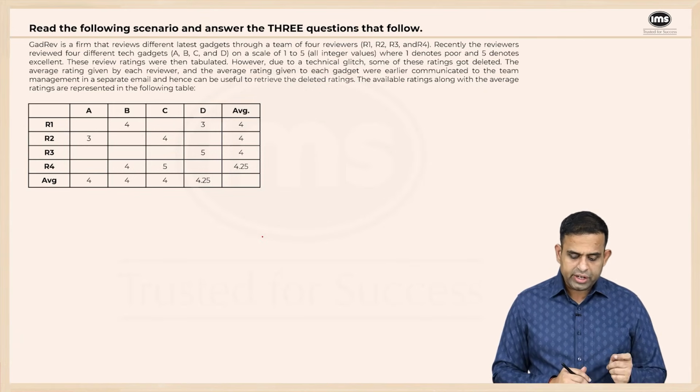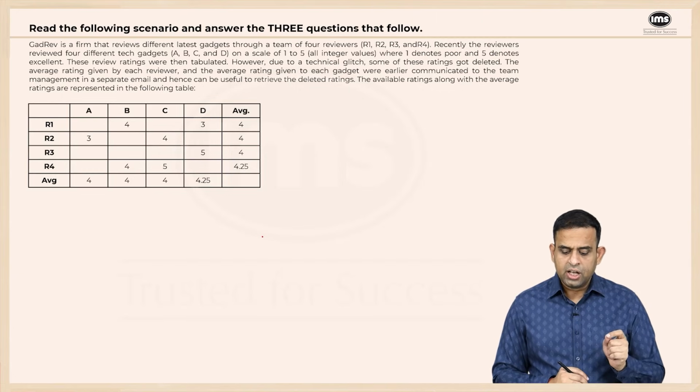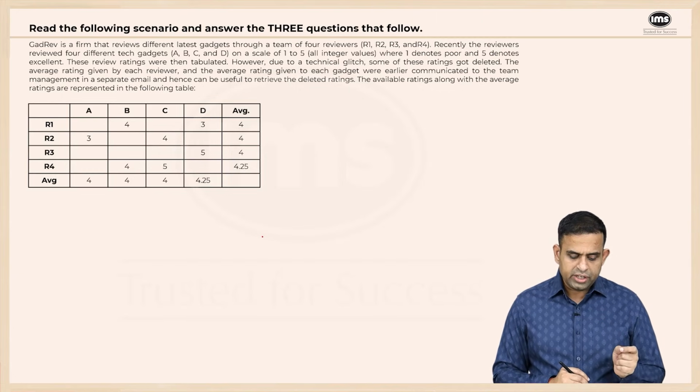However, due to a technical glitch, some of these ratings got deleted. The average rating given by each reviewer and the average rating given to each gadget were earlier communicated to the team management in a separate email and hence can be useful to retrieve the deleted ratings. The available ratings along with the average ratings are given to you in the following table.